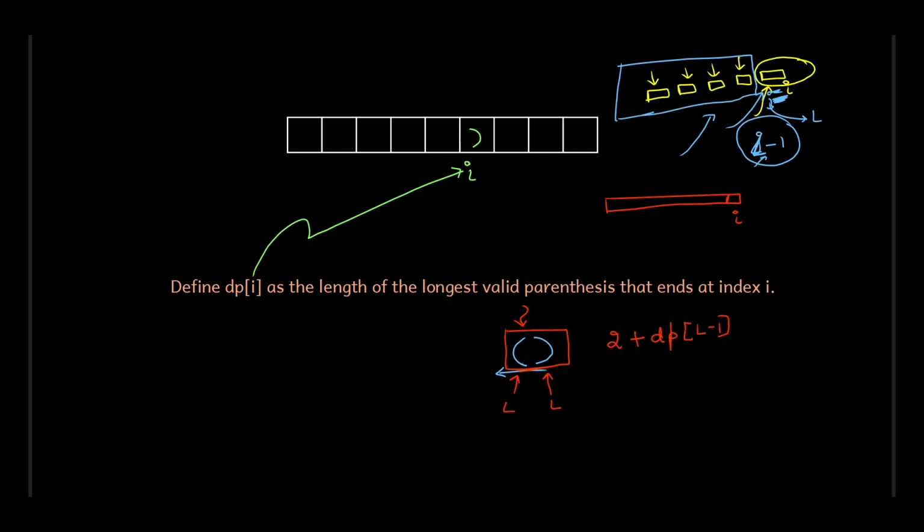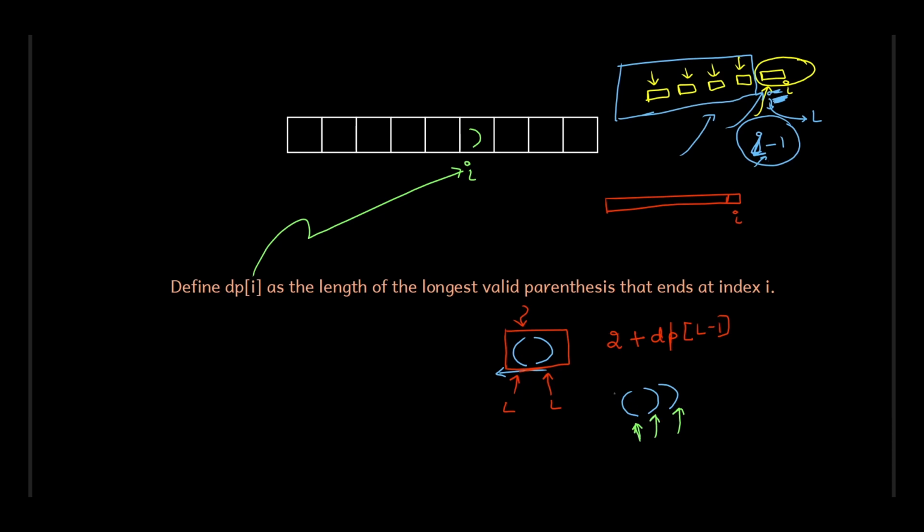But what if you don't find an opening bracket over here? Then the other case could be something like you encounter a closing bracket, and then a closing bracket again, and after that an opening bracket. But this opening bracket that you have just encountered, you don't actually have to stop over here, because you are looking for the matching pair of this one, so that you can create a valid parenthesis. But this is a matching pair for this.